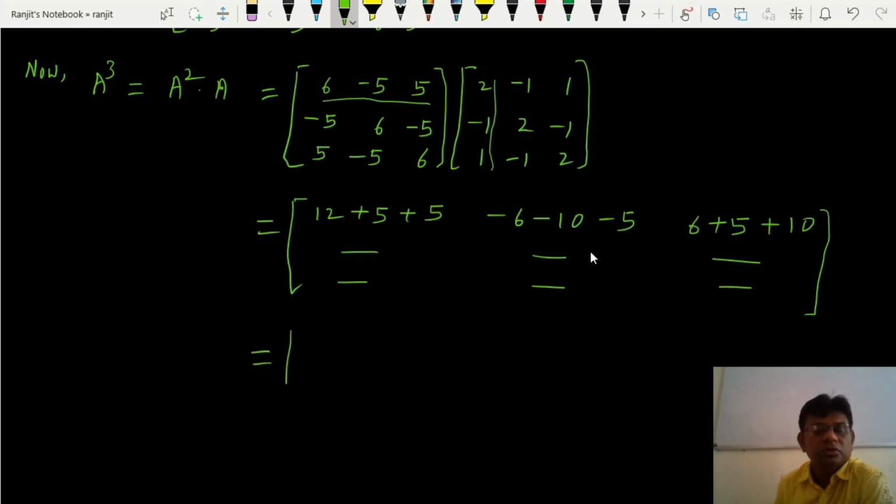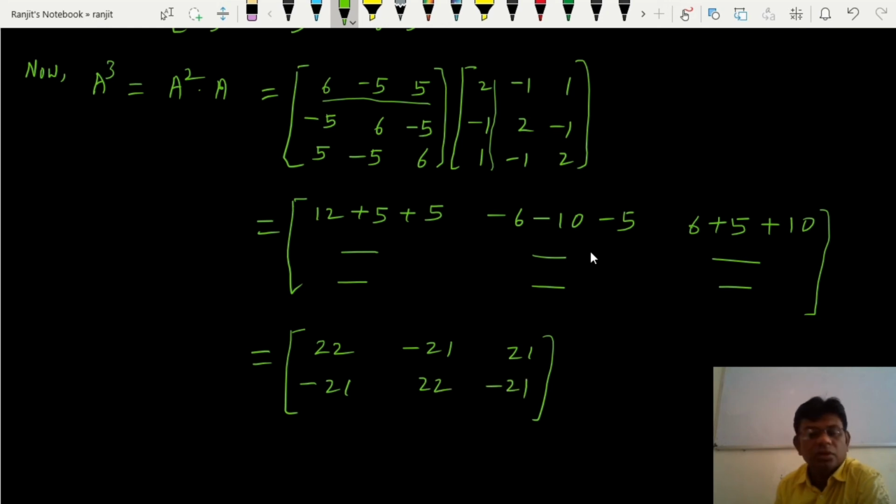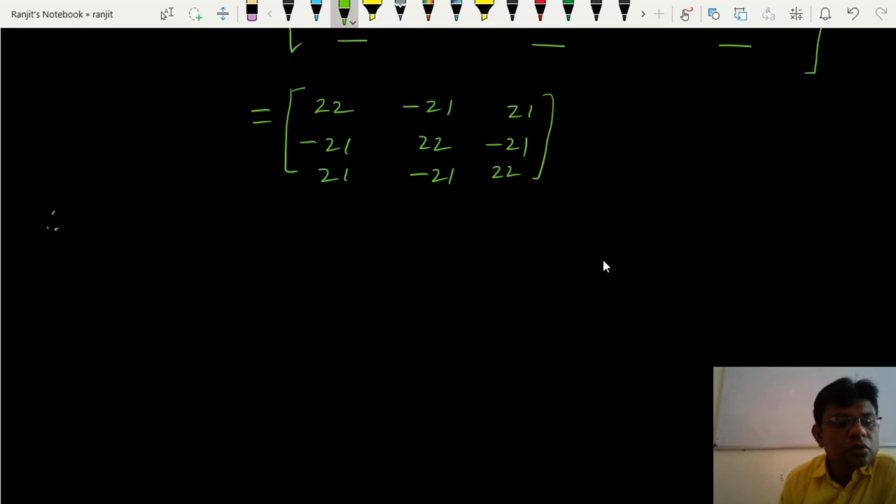This is equal to, now this 12 plus 5 means 22, minus 21. 6 plus 5, 11, 11 plus 10. Is the minus 20 to 20. 21 minus 21.